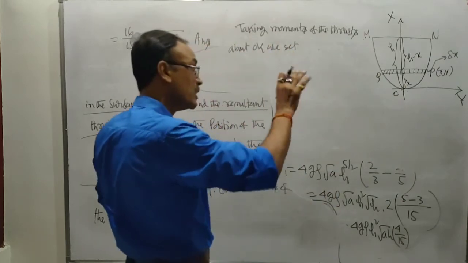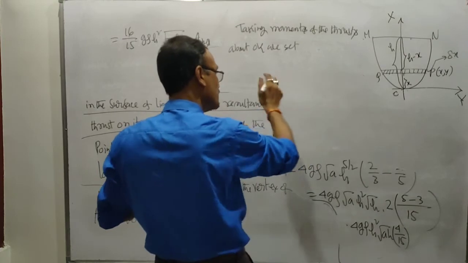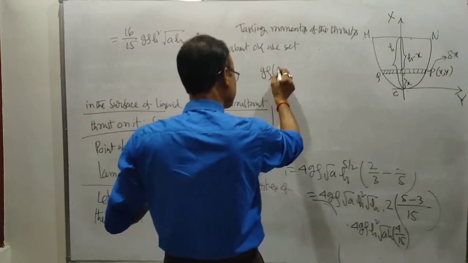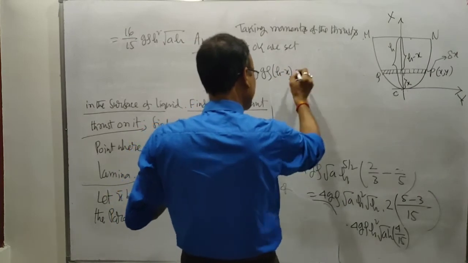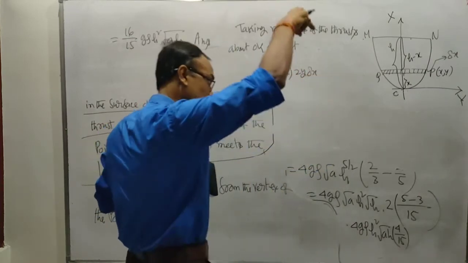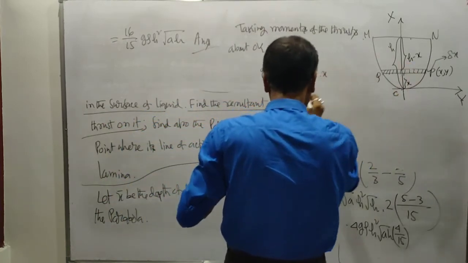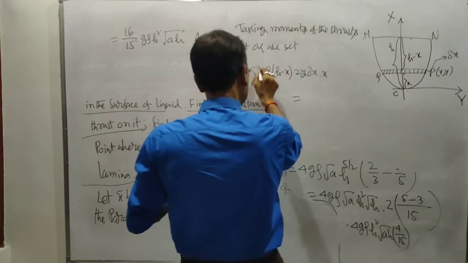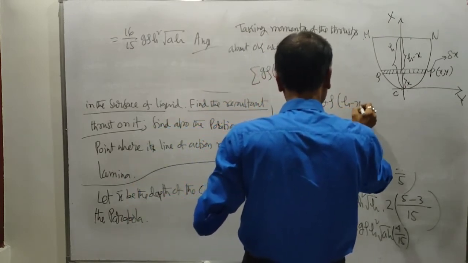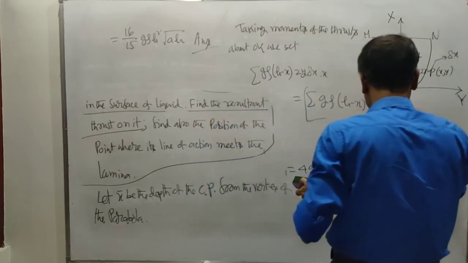What is the pressure on the elementary strip? g rho into h minus x. The area is twice y delta x. It is the thrust on this. Moment will be just multiplied by x. This is equal to summation from 0 to h of (h minus x) twice y delta x into x.